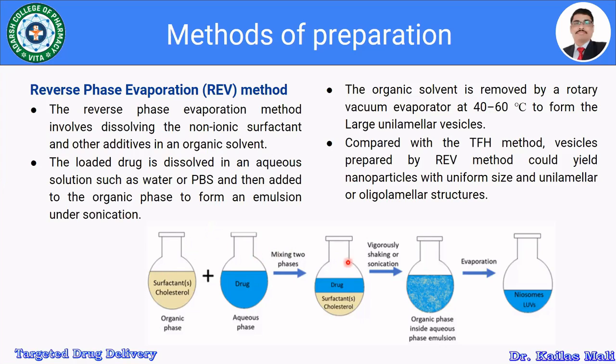The organic solvent is removed by a rotary vacuum evaporator at 40 to 60 degrees Celsius to form large unilamellar vesicles. Once we have mixed the aqueous phase and the oily phase, initially we shake it vigorously and sonicate it.